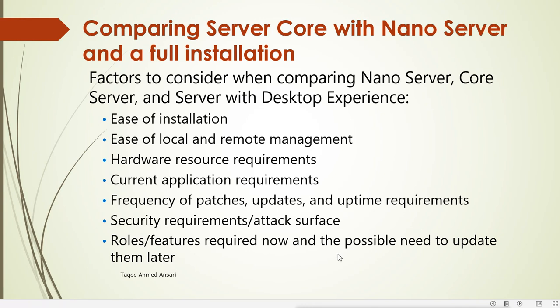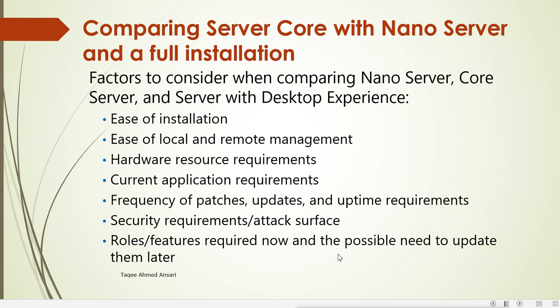So when we talk about management, it is easy when we have a GUI interface, whether you want to manage it locally or remotely. But it is not easy when we have the core command line environment or Nano Server. But why do we use these? Because of the hardware resources requirement. Why do we use Core Server or Nano Server?